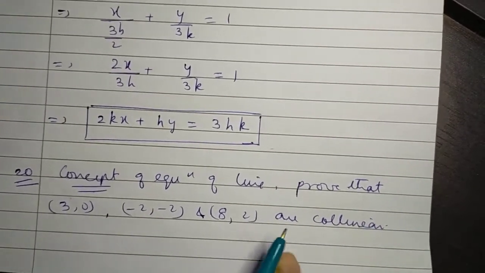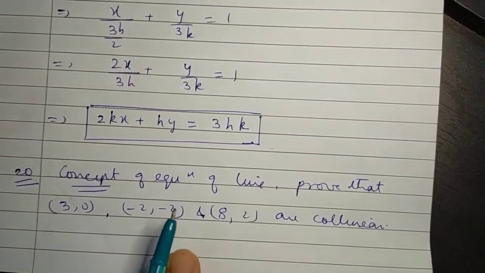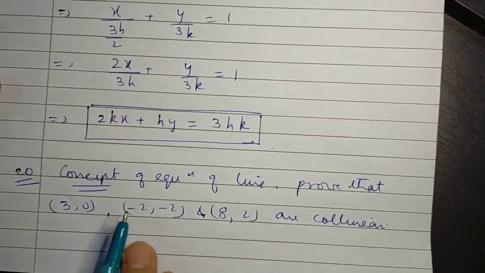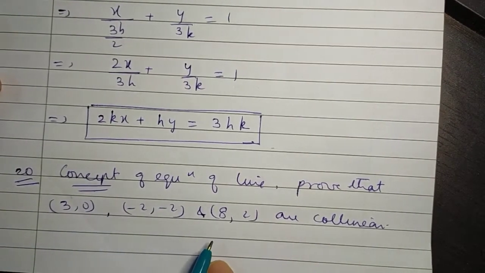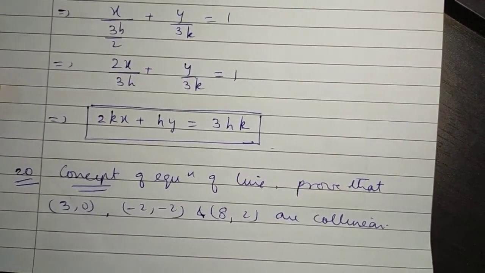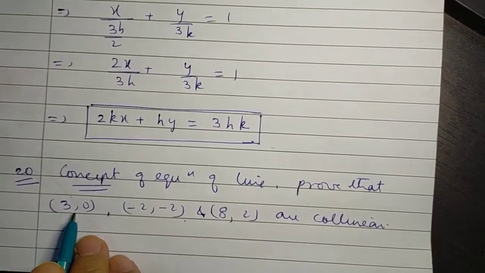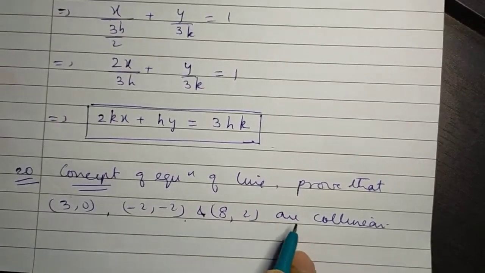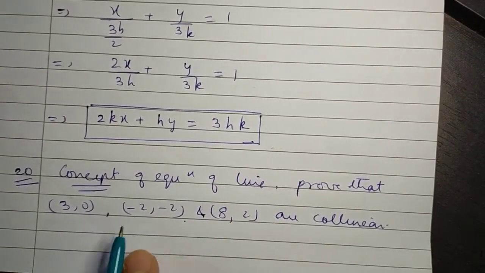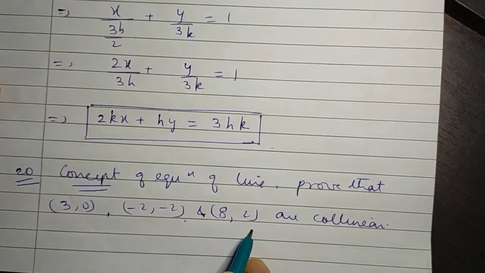Now what's so special about this question? Earlier in your previous classes you have found out collinearity of 3 points using the distance formula. In the beginning of this chapter we found out the collinearity of 3 points using the concept of slope.